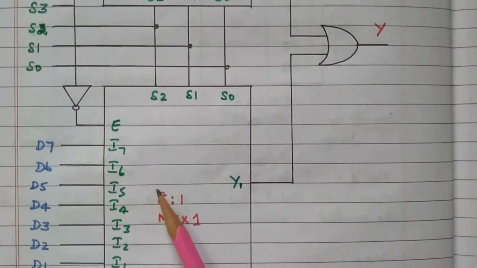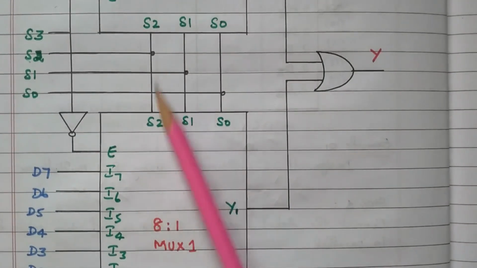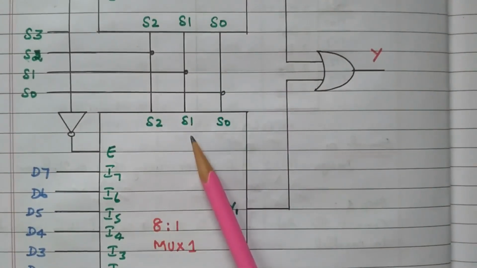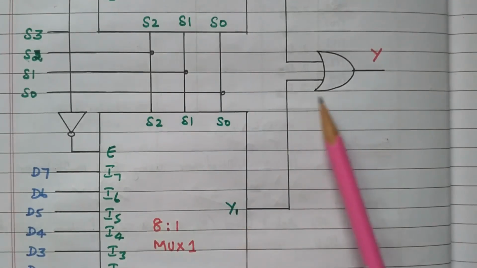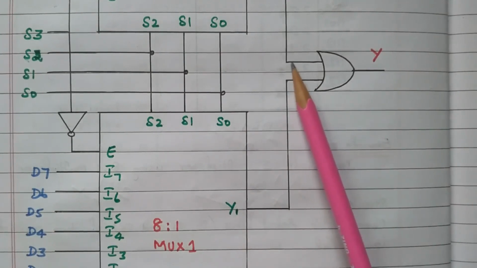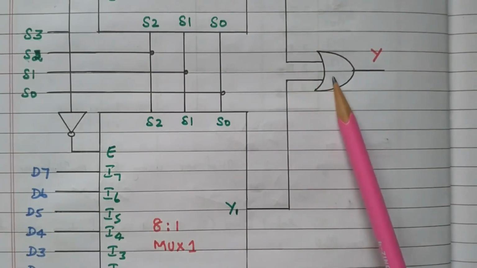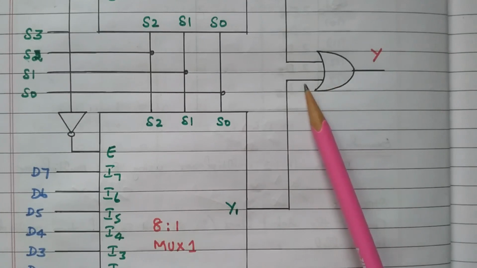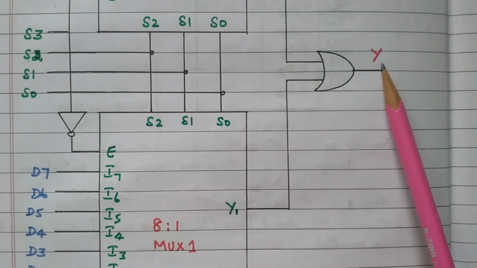S2, S1, S0 is connected in parallel to both the muxes, right. So this output is connected to one OR gate. This is Y1, this is Y2. Both are connected. The OR gate is the nature of adding the outputs. So these two inputs will be added and it will give the final output, right.